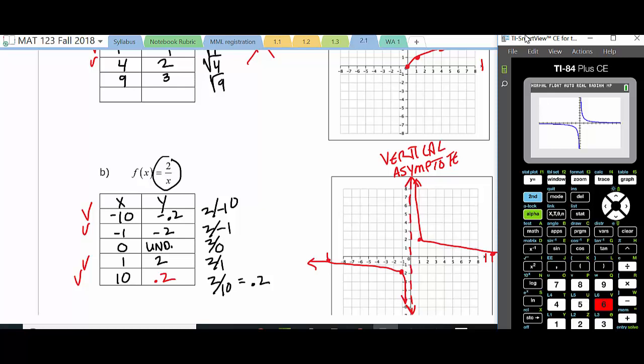Okay, that's what happens. Now, if you go out here, if it's 2 over x here, and if you just let x be a super big number, like what if we took our graph all the way out to 10,000? Well, that number right there is getting very close to 0. That's still a little bit bigger than 0, though. So the further you go out this way, the closer that gets to the x-axis.